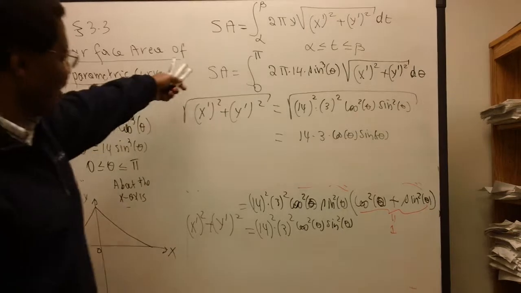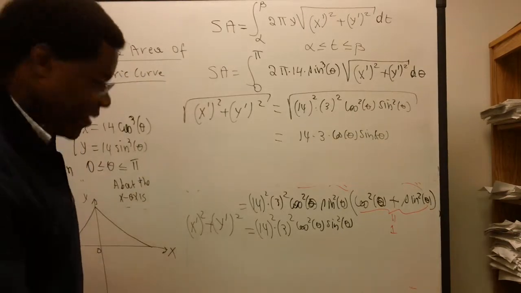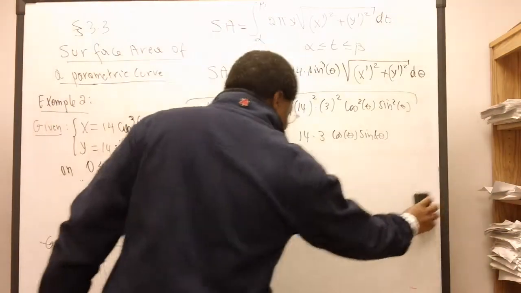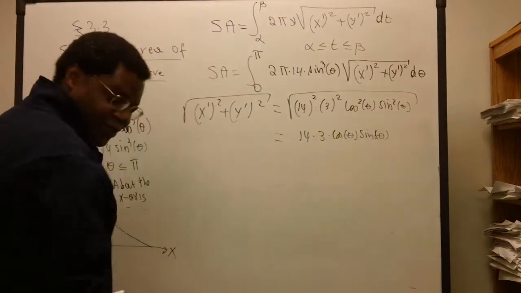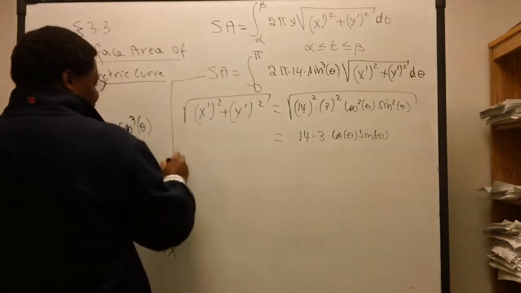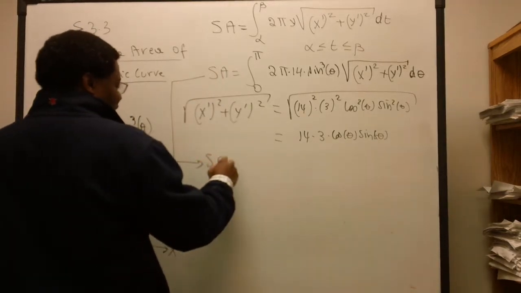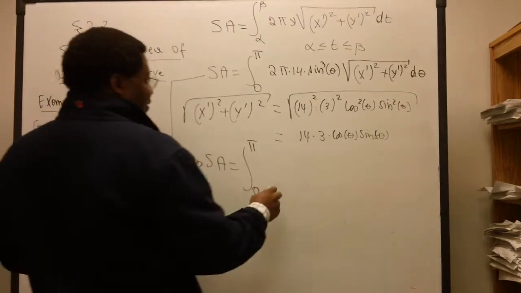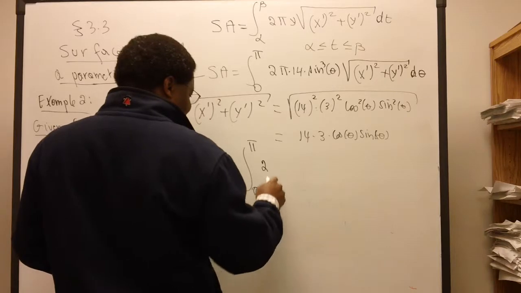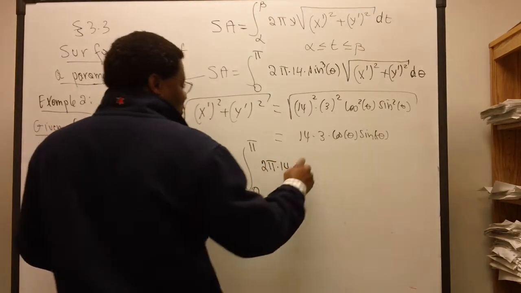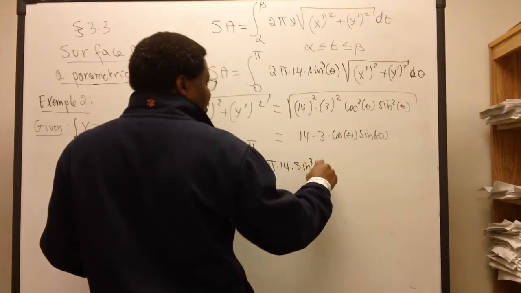We can go back to the SA integral. So this is what we have. This integral is then the integral from 0 to pi of 2 pi times 14 times sine cubed theta.